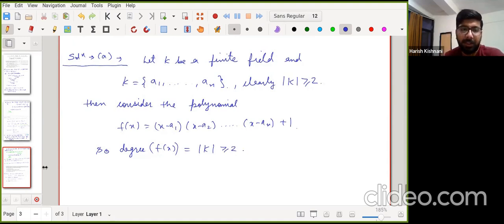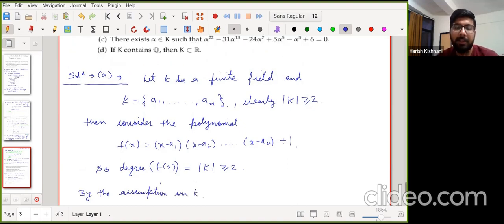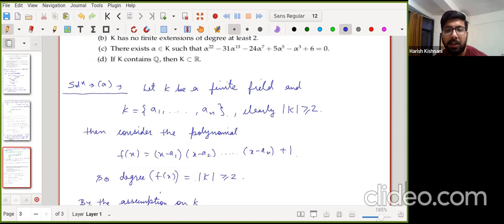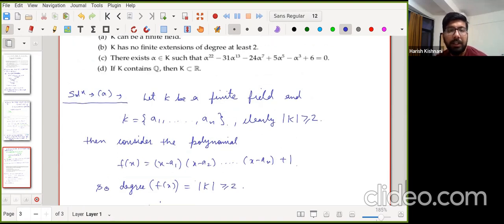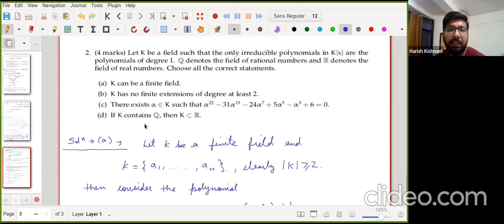Now by the assumptions on K, what can you say? It says let K be a field such that the only irreducible polynomials in K[x] are the polynomials of degree 1.